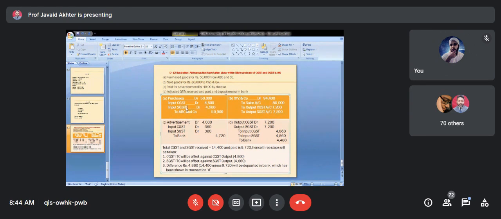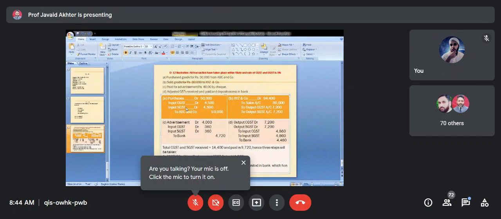And then suppose there was another opposite transaction. Sorry, you bought furniture. You will pay GST. You bought furniture for 200 rupees and 18% GST. So you will pay 236 rupees.